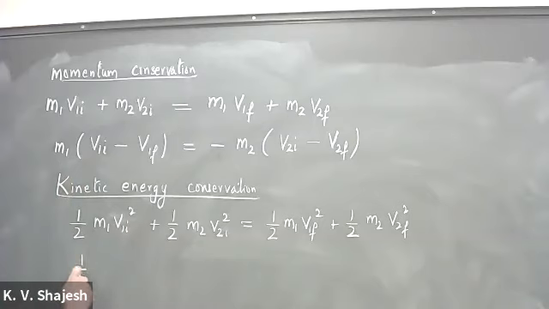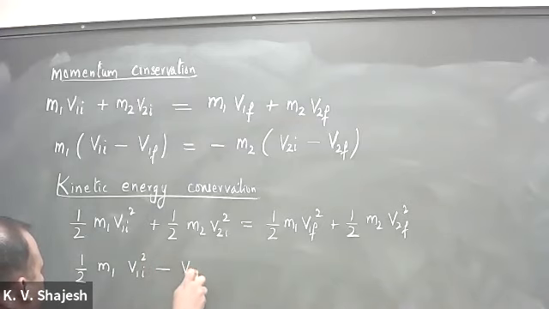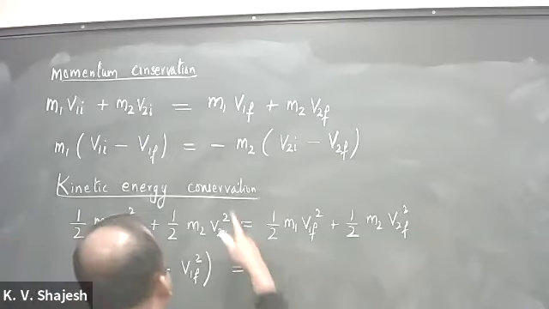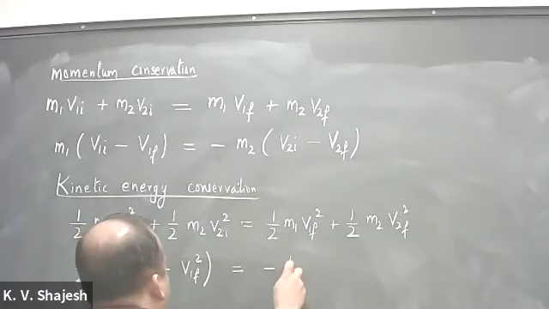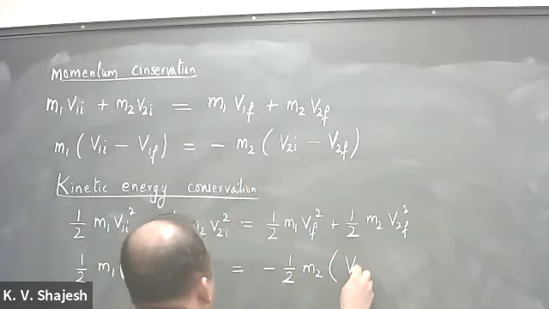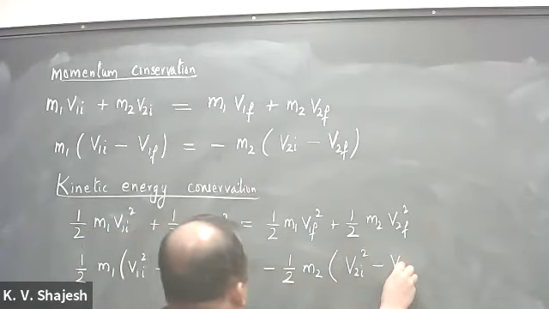So that's half of M1 times V1 initial square minus V1 final square. That's what it would read. And on the right hand side, similar to the earlier case, that's half of M2 times V2 initial square minus V2 final square.